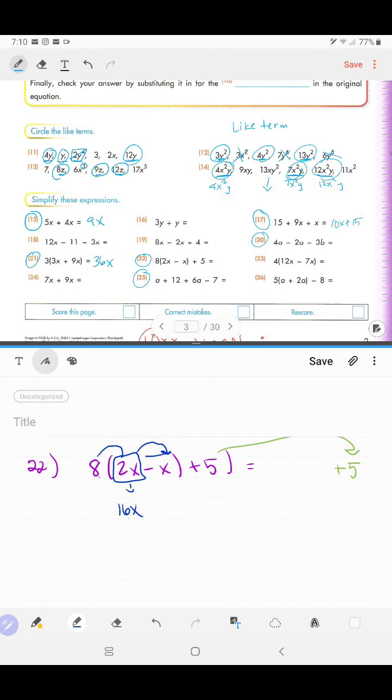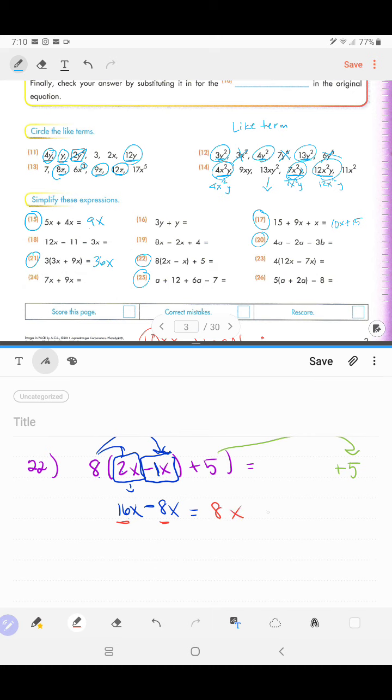8 goes in, negative an invisible 1. So don't forget about that invisible 1. 8 goes in. So let me fix this. 8 times negative 1 is negative 8x. And then again, these are like terms. So 16 minus 8 is 8x.